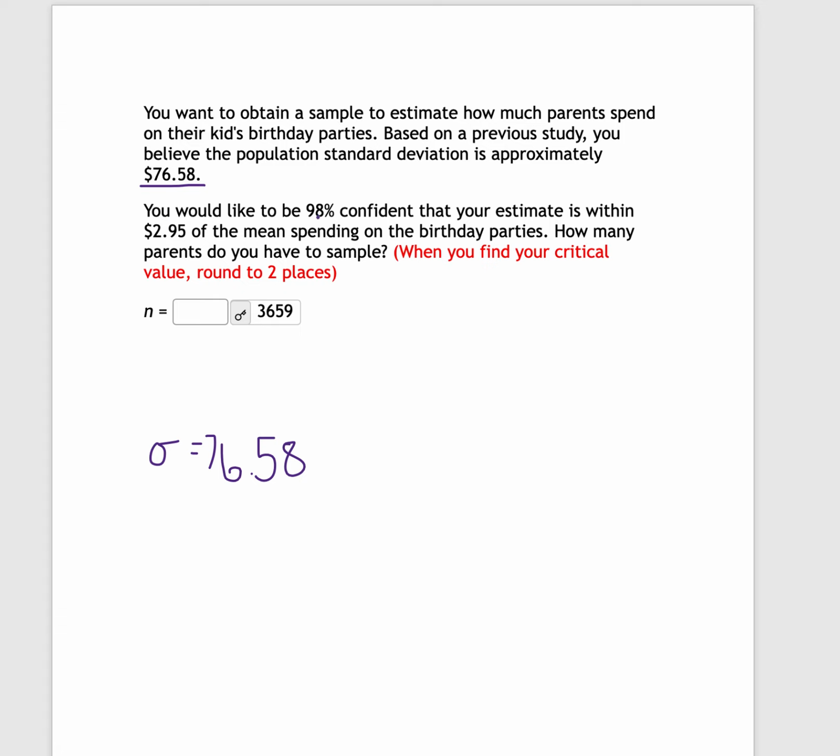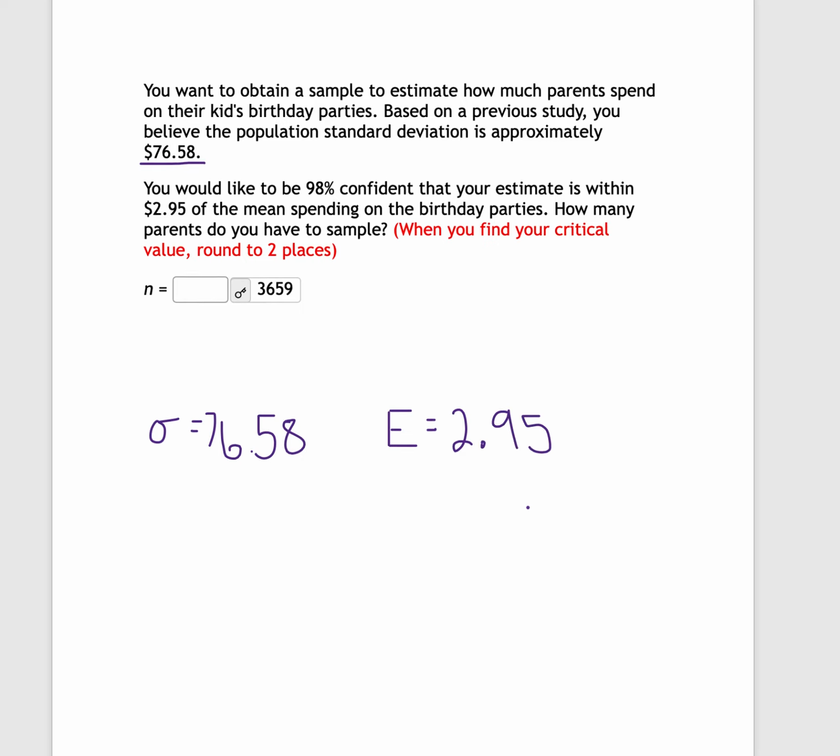You would like to be 98% confident that your estimate is within $2.95. So your error, that wiggle room, that give or take, that's your error. That's going to be 2.95. And then it says, how many parents do you have to sample?